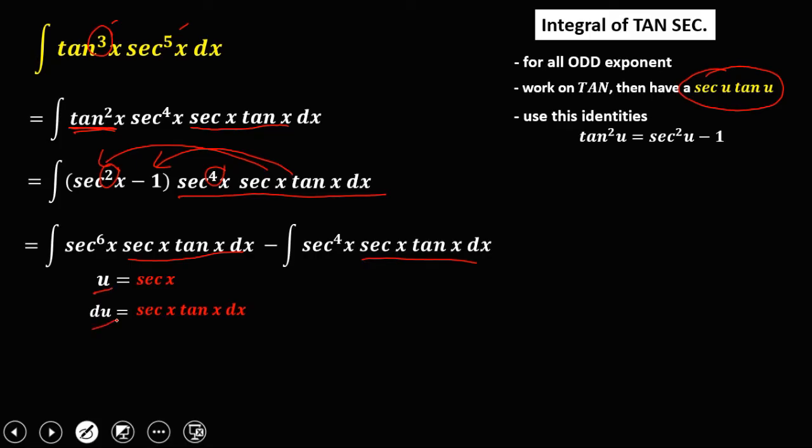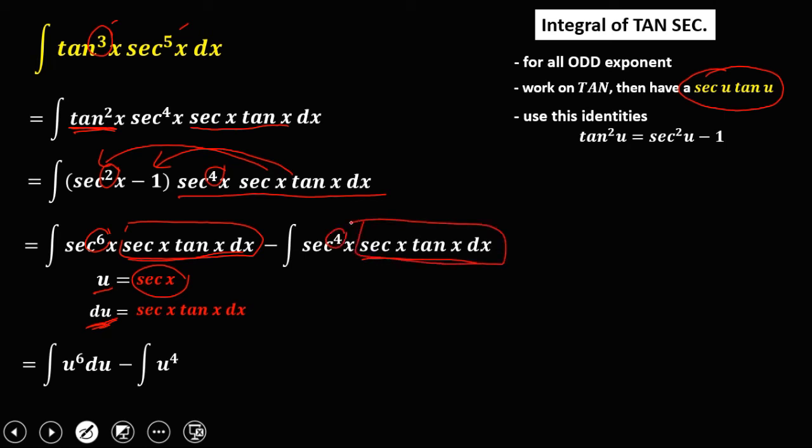Since u is equal to secant x, this secant to the power 6x becomes u to the power 6, and secant x tangent x dx is equal to du, so times du. Then minus the integral of u to the power 4, then secant x tangent x dx, that's du.